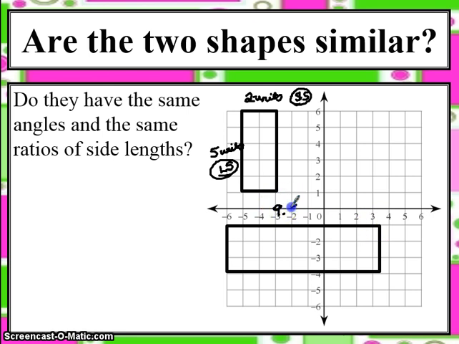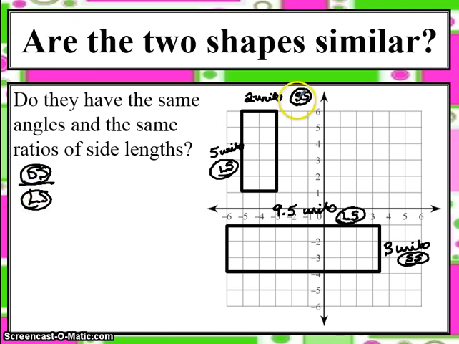So we have 9.5 units. And that will be our long side. And we have 1, 2, 3 units as our short side. So let's write our similar ratios. Let's do short side to long side.